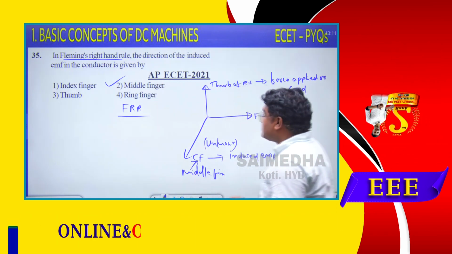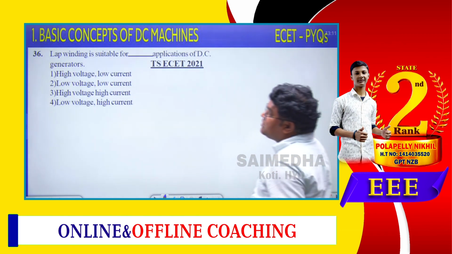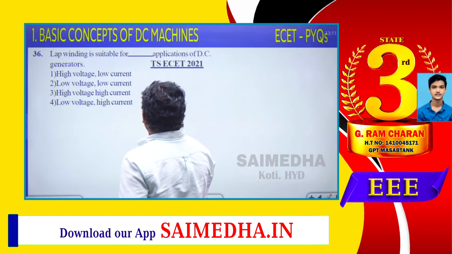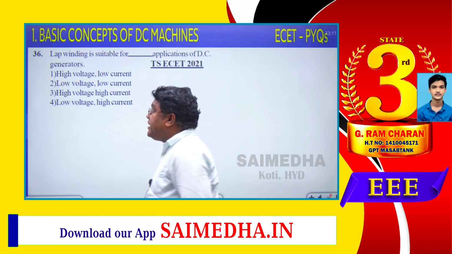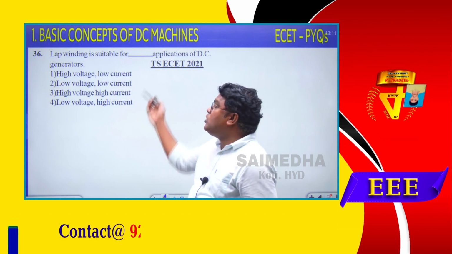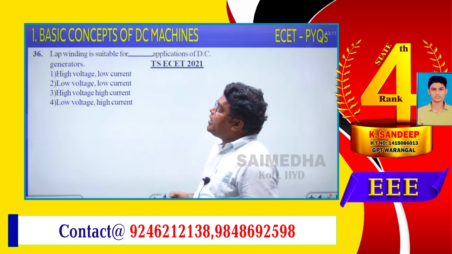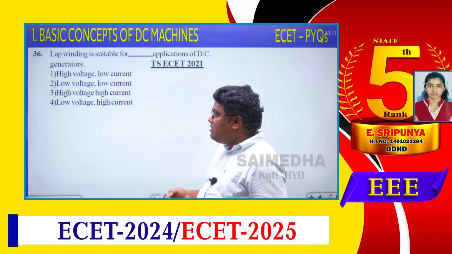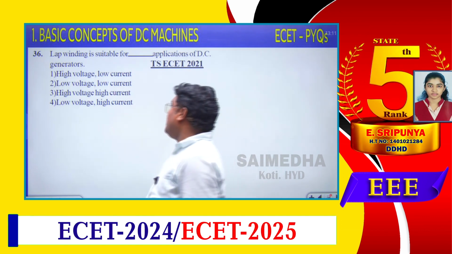Next, let us solve question number 36. Lap winding is suitable for which applications of DC generators? Option 1, high voltage and low current; low voltage and low current; high voltage, high current; low voltage and high current.